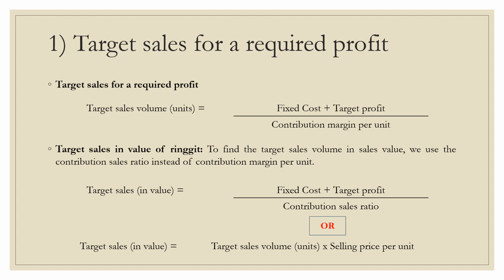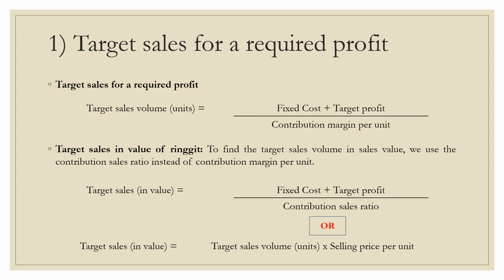Let me show the formula to calculate target sales for required profit. The target sales volume in units equals fixed cost plus target profit, divided by the contribution margin per unit. If you want to get the value in ringgit, you need to find the target sales in sales value.